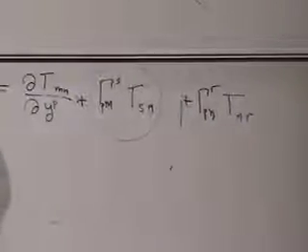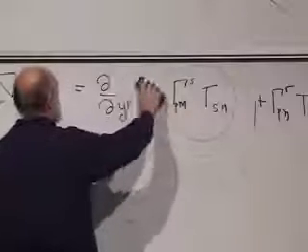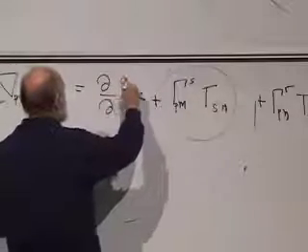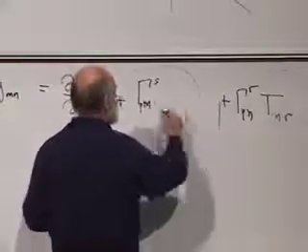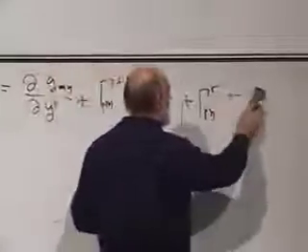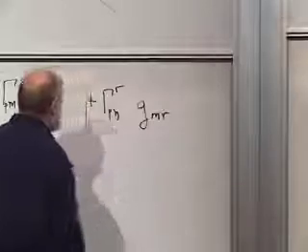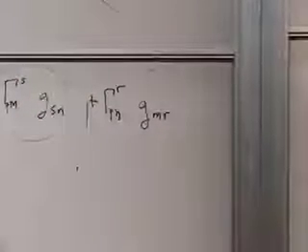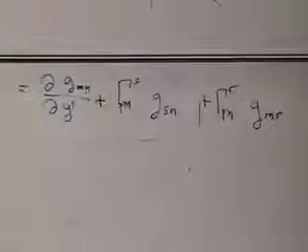G mn, G mn, G ns, and G mr, I think. And this should be equal to 0 if the covariant derivative of the metric is equal to 0.